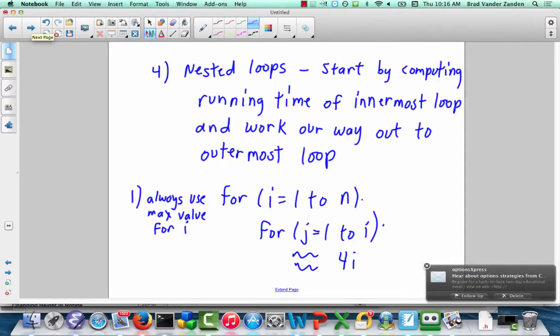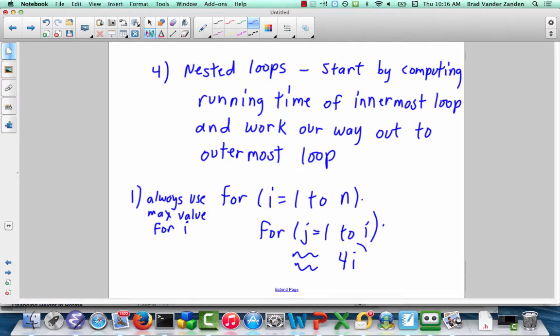What's the maximum value for i? n. So in the worst case, j is taking 4n instructions, and the outer loop is executing n times, so we would come to 4n squared. We know that's very pessimistic. That might be looser than what we're willing to accept.